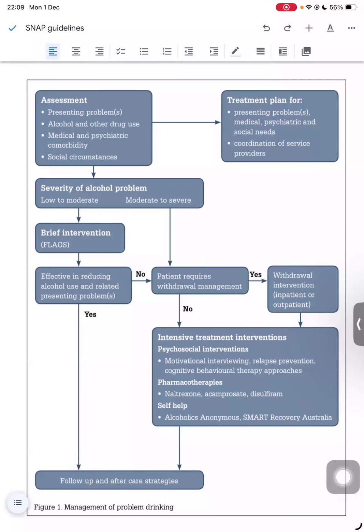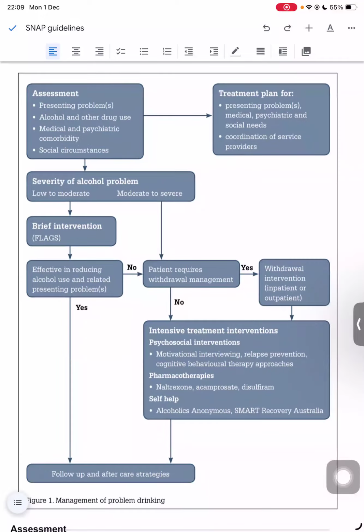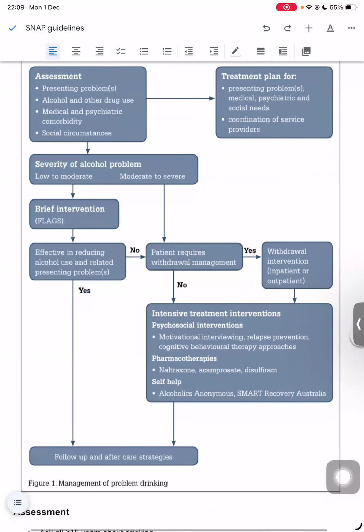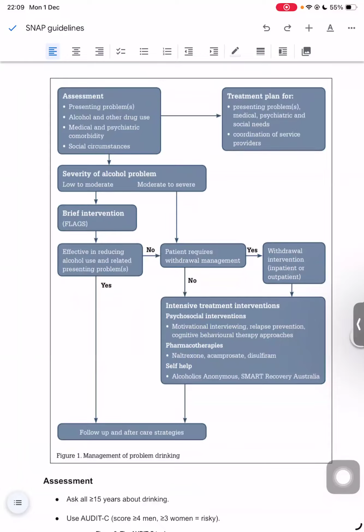If the severity is moderate to severe, the patient requires withdrawal management. Just remember this as well. Brief intervention is effective in reducing alcohol use and related presenting problems.